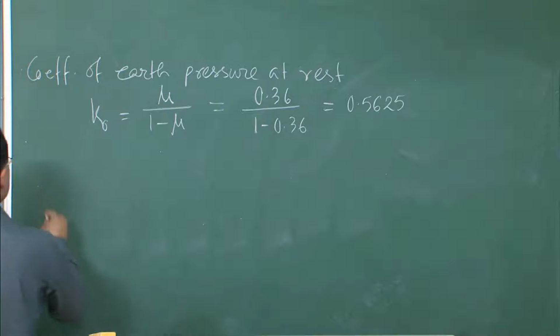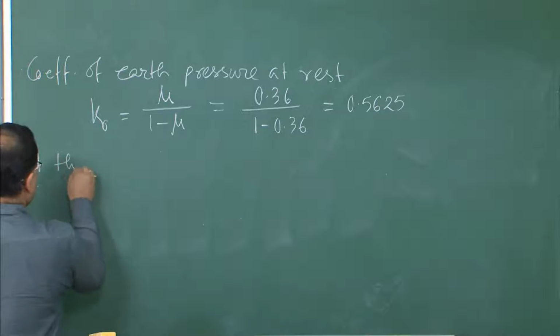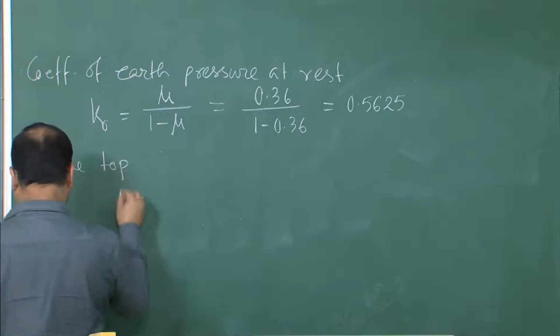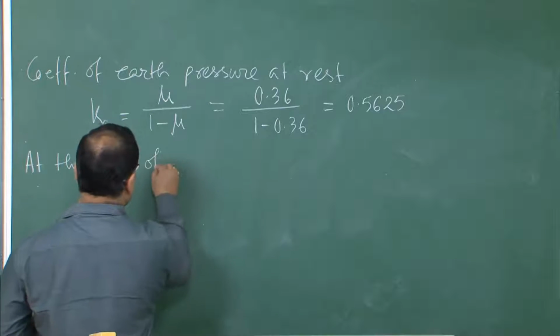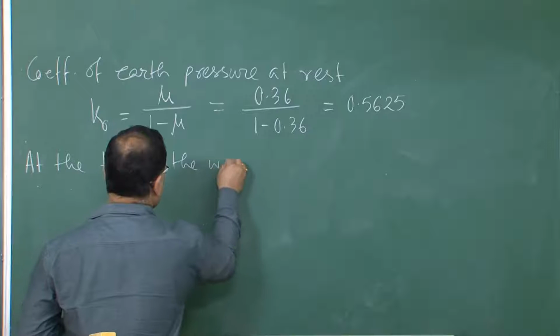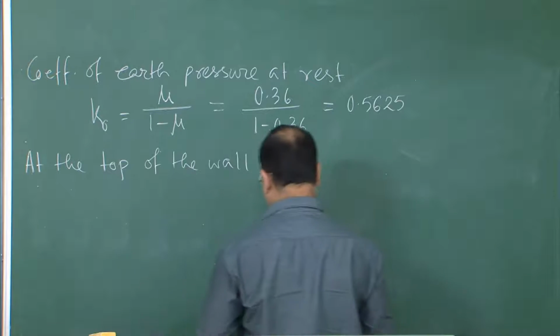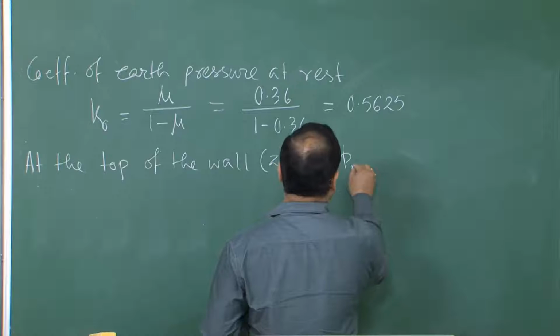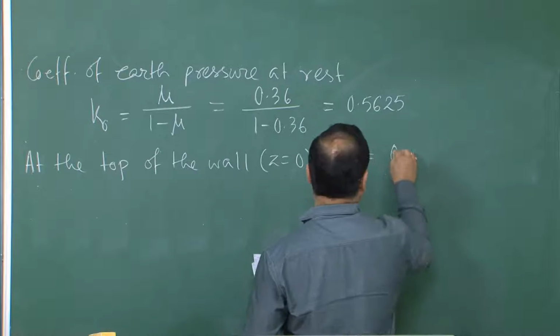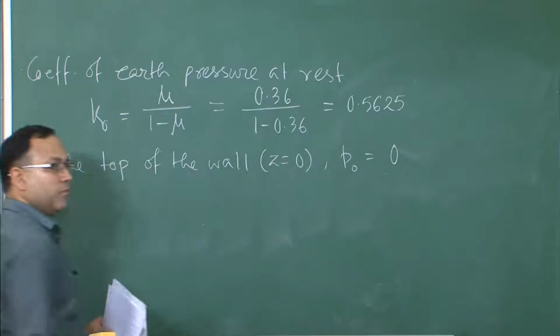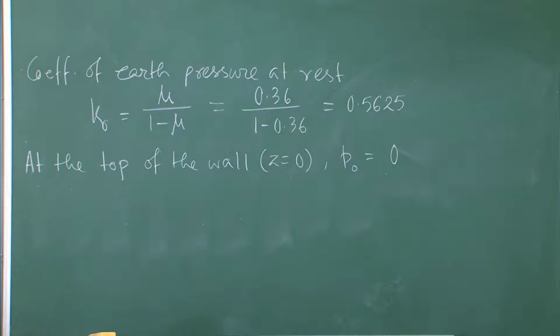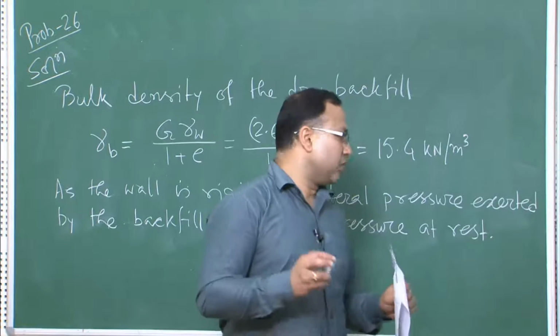Okay. So, at the top of the wall, that means Z equal to 0, P naught is equal to 0, right. We are considering earth pressure, we are considering rigid wall.